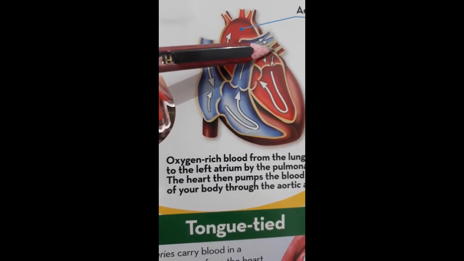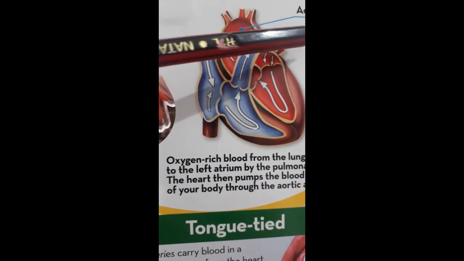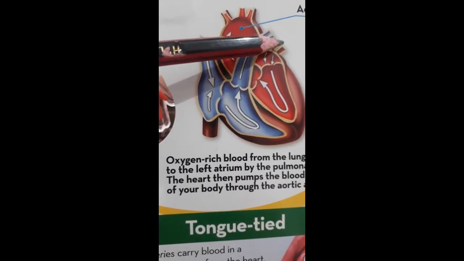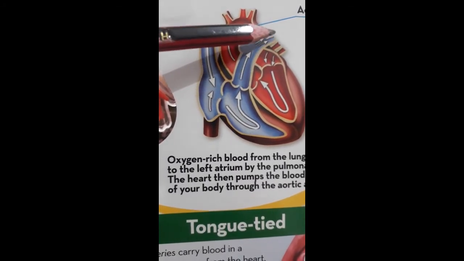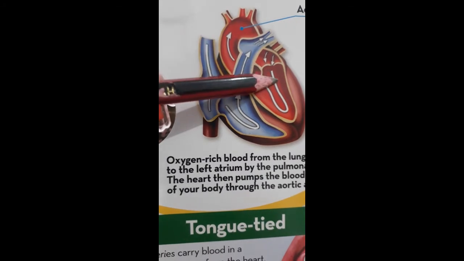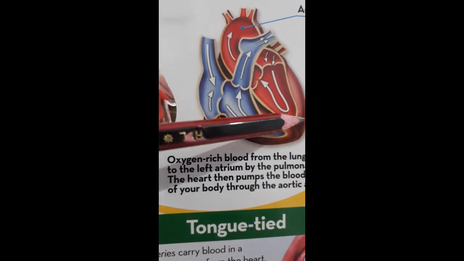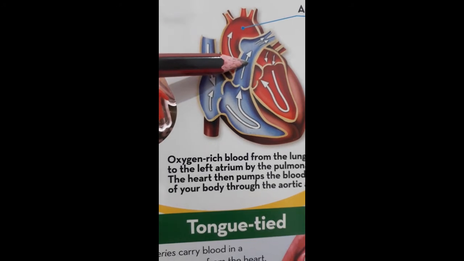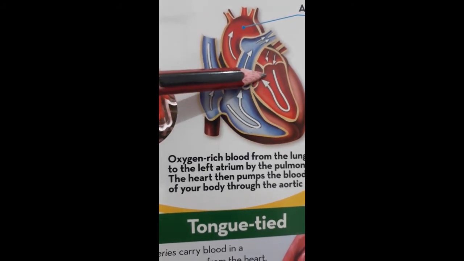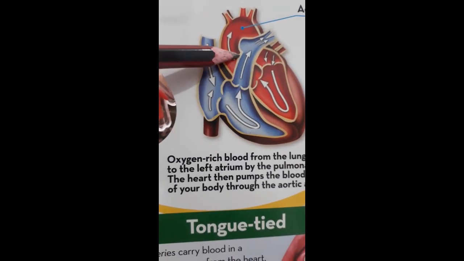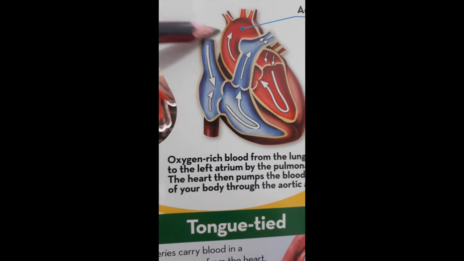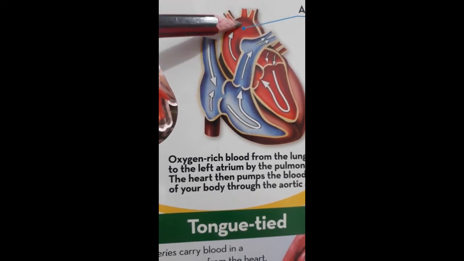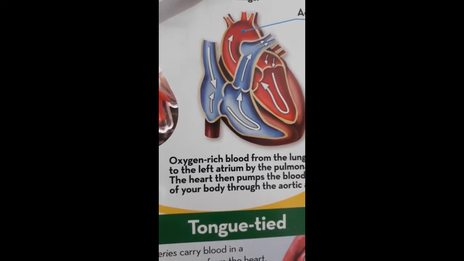It is the pulmonary vein, through which the oxygenated blood, that is oxygen rich blood, enters the left auricle through the bicuspid wall, and through the blood vessel called aorta. This is the aorta through which the blood will be sent to all parts of the body.